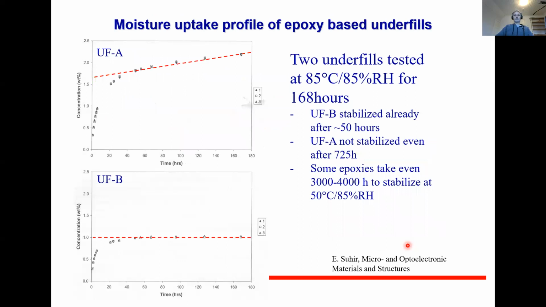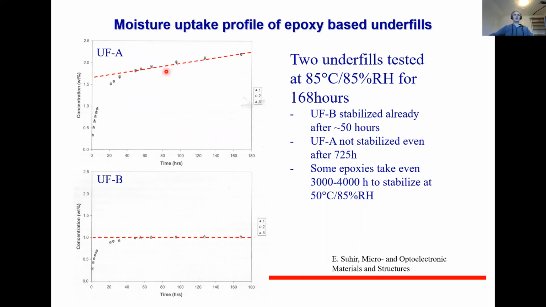Then another important thing was that the moisture intake, or how fast the water molecules are diffusing in the material, and what is the absolute, let's say, solubility of water, is again dependent on the actual structure of the polymer. So how these polymer chains are arranged there.